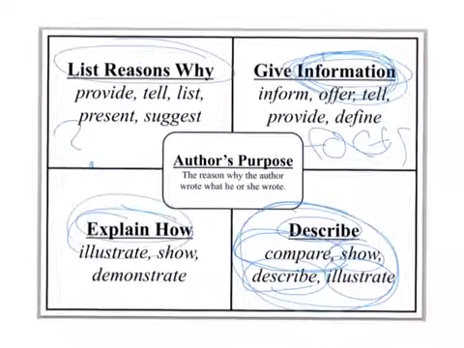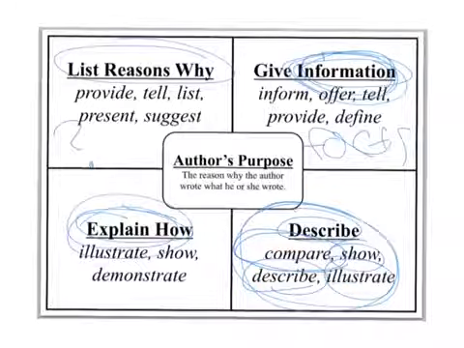Is it explaining how to do something? Can I explain the steps to someone? Like, first, you need to sit on the seat. Then you grab the handlebars. Then you start pedaling. Or is it describing? Is it comparing more than one person or object? Is it showing you how the gingerbread cookie looks, feels, weighs, all of those things?